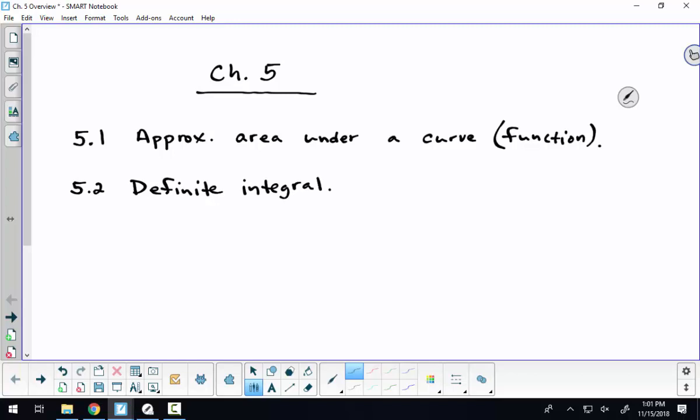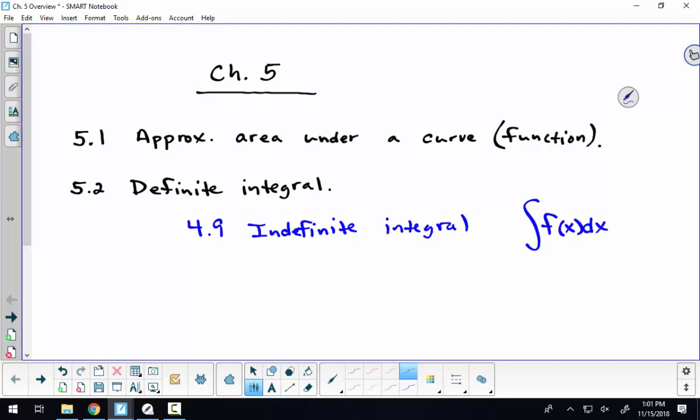We have seen from 4.9 what we call an indefinite integral. The indefinite integral was an antiderivative of some function with respect to a variable. The definite integral takes on a different context.